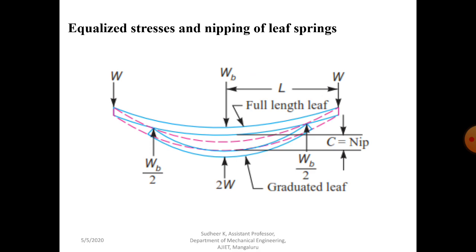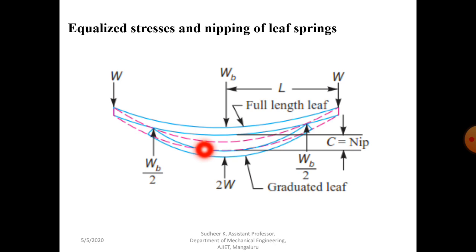The second one, which is very important, is called nipping of leaf spring. By giving a greater radius of curvature, this is one method. You can see here the radius of the leaf spring changes.